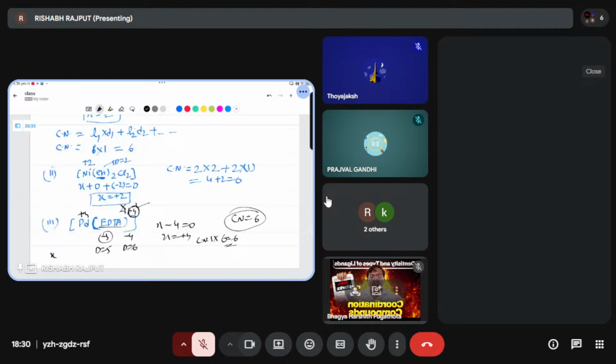For me, just try this, guys: [Fe(NO2)(dien)(ac)]+1. Please try for me the coordination number and oxidation state both.